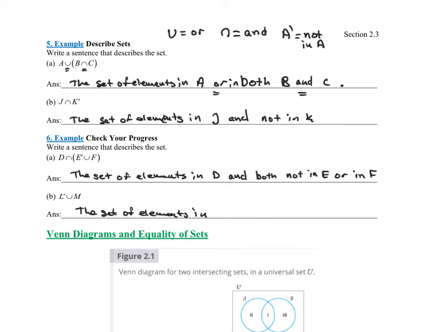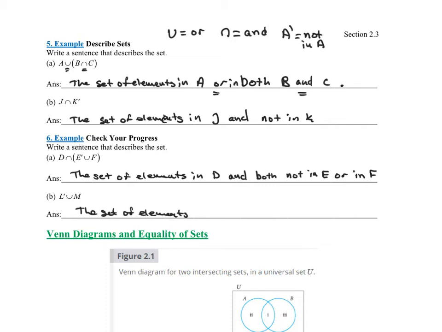Okay. L complement union M. So it says the set of elements, and then I actually shouldn't have said the word in here because it's not in. So let me go ahead and erase that.